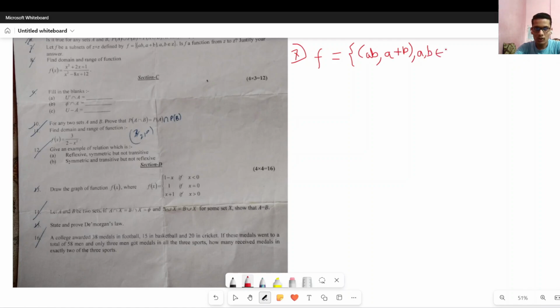We have to check whether this given relation is a function or not.